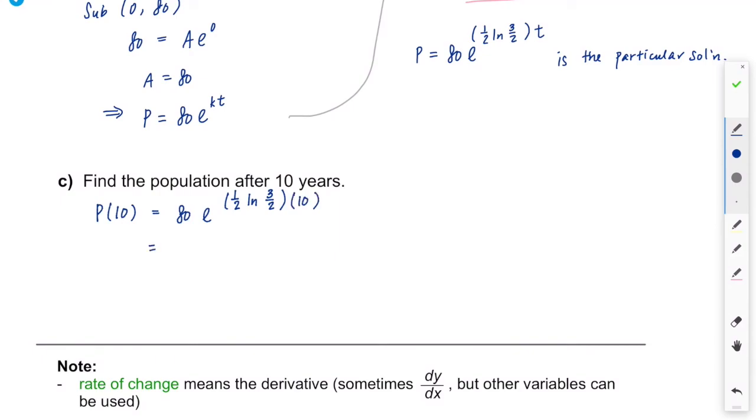This means I have 80 e to the power of ln, while 10 over 2 is 5, 3/2 to the power of 5. Using our log property, e to the power of ln something is that something, right? So here we are really multiplying 80 by 3/2 to the power of 5.